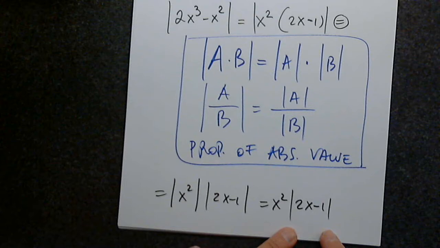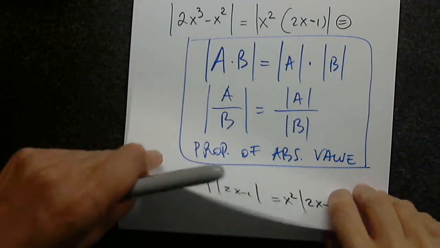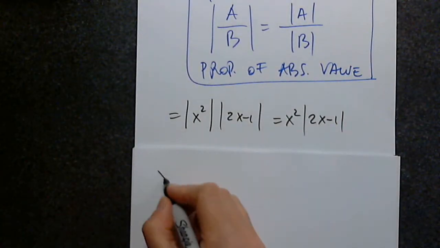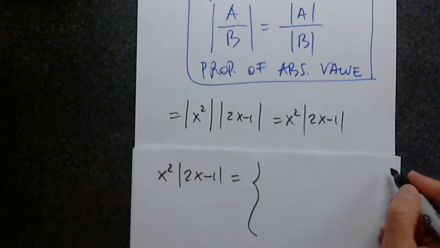It has an absolute value. It will have two options. Anything that has absolute value in it will have two options. So then, finally, after some simplification, I will write that x squared times the absolute value of 2x minus 1 has two options.